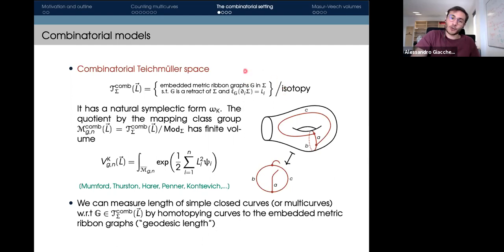So the way you should think about this is that you are somehow considering some metrics that are very degenerate, and you have a metric just along the edges of this embedded graph. So if you have a curve, you can always homotope it to the graph and measure the length with respect to these edges. So this will somehow replace the concept of geodesic length in the hyperbolic case, and we can just consider this combinatorial setting.